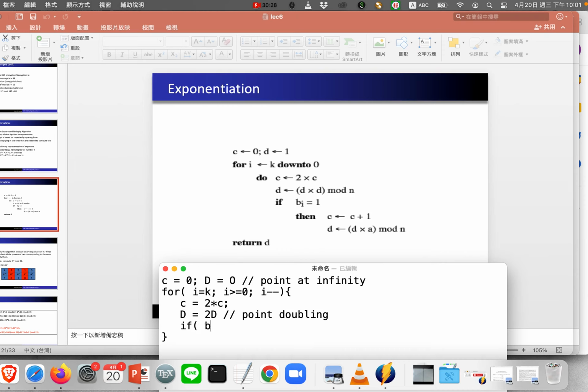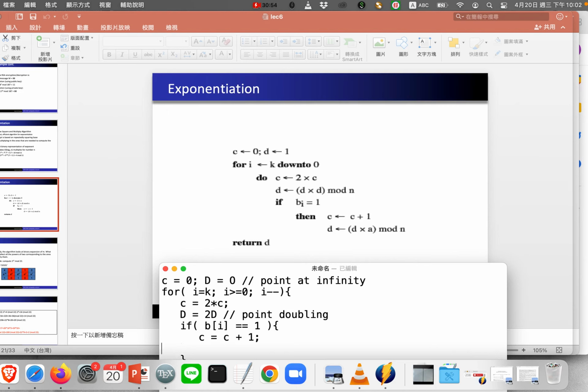And then we use if. If bi is equal to 1, then we do C is incremented, C++.